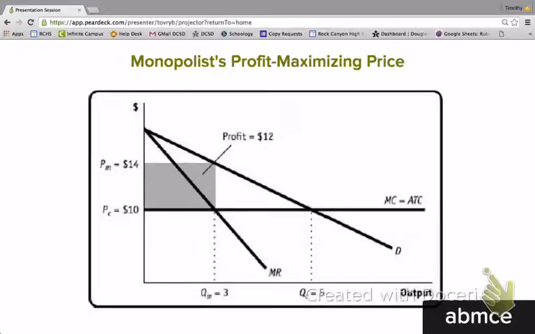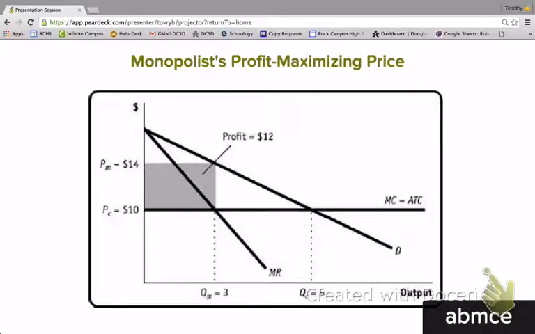So the monopolist will not charge $10 where its marginal revenue equals its marginal cost. The monopolist instead will charge $14. Now, once that quantity is found where marginal revenue equals marginal cost, you have to go up vertically to the demand curve to locate the market price in a monopoly graph.